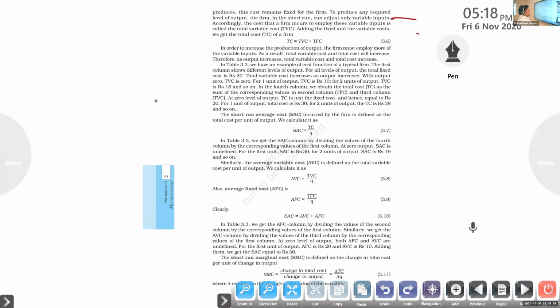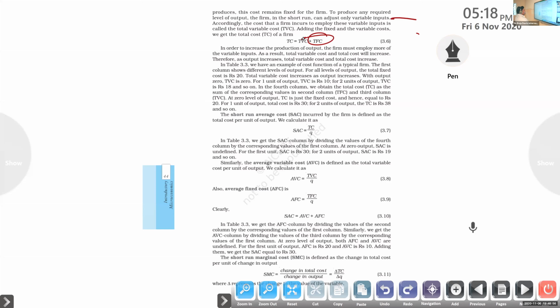TVC, because it is the variable cost, total variable cost. So we are able to find the change in the TVC. Total variable cost will change. Total fixed cost may not change because we are not changing that input factor.